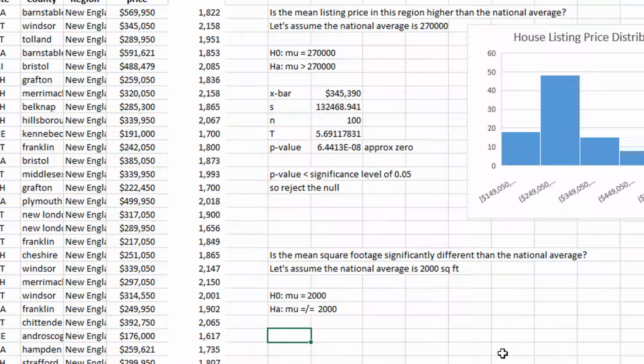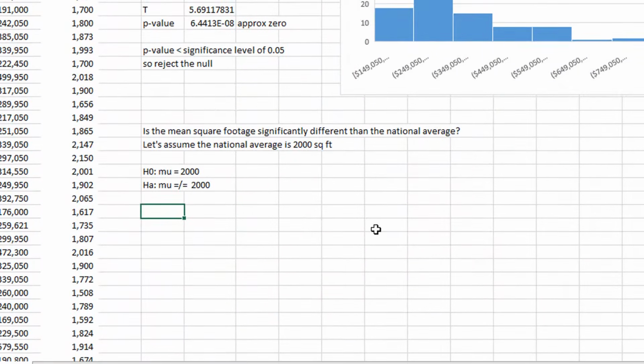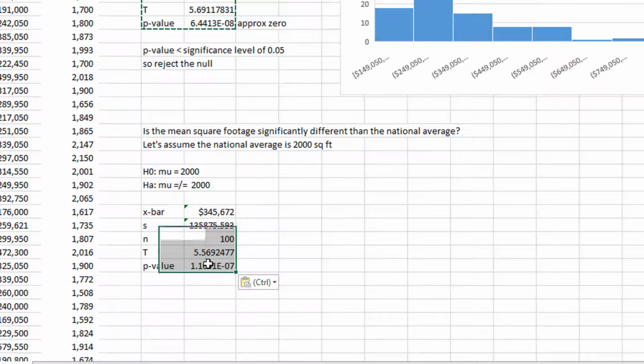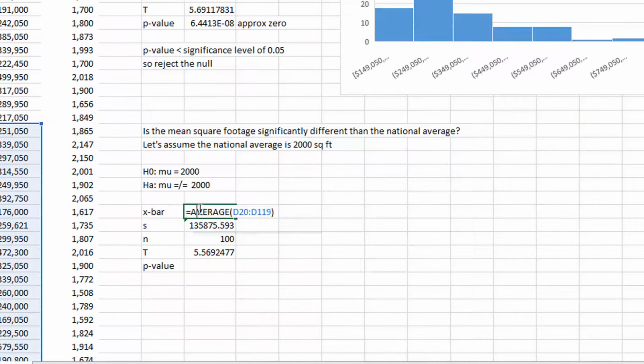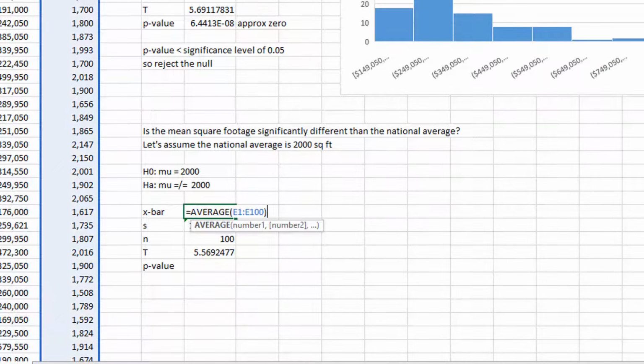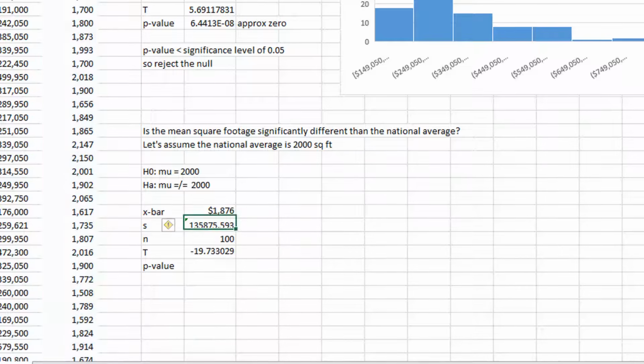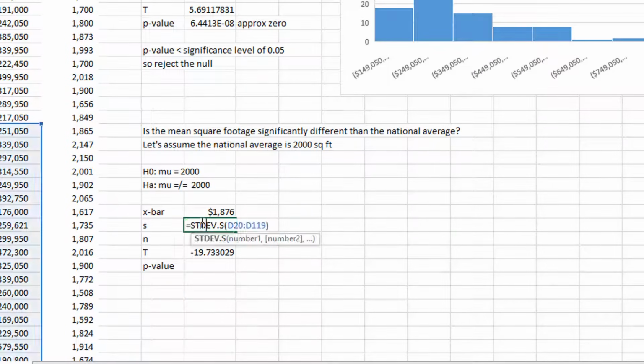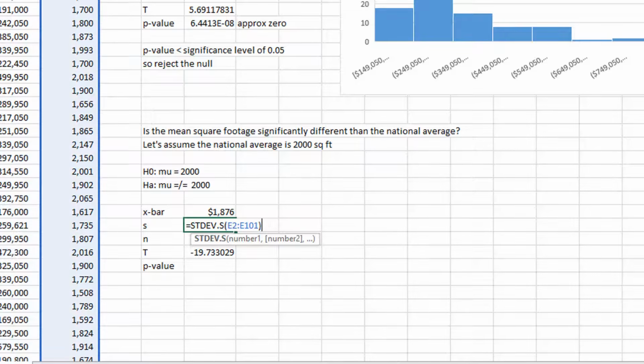Anyway, let's calculate, we're going to perform this two-sided test. Okay. Once again, we're going to need all of this stuff. I'm going to copy this stuff here, but I'm going to change some of it. So first of all, sample mean is going to come from the square footage column. The sample standard deviation also, of course, is coming from the square footage column.